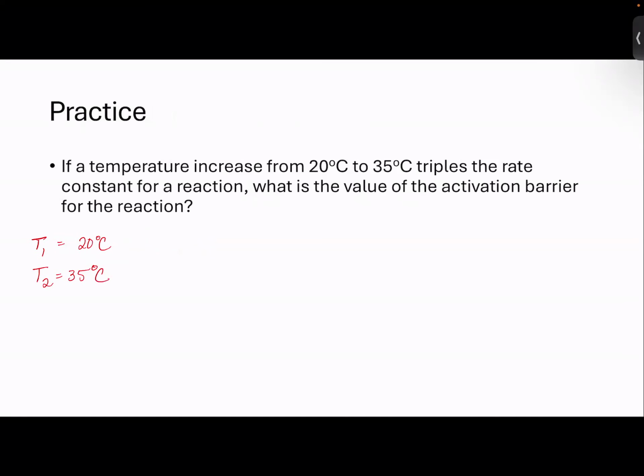If that triples the rate constant for the reaction, so we could say K1 is equal to 1 and K2 is equal to 3, because that would be tripling it. What is the value of the energy of the activation barrier? So it wants to know what is the E sub A for this problem.